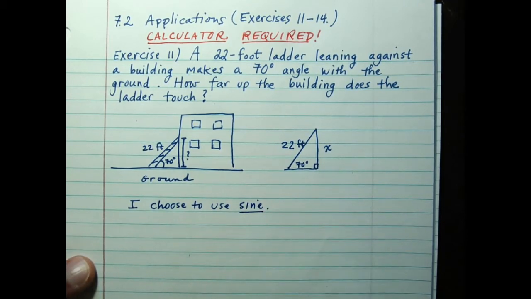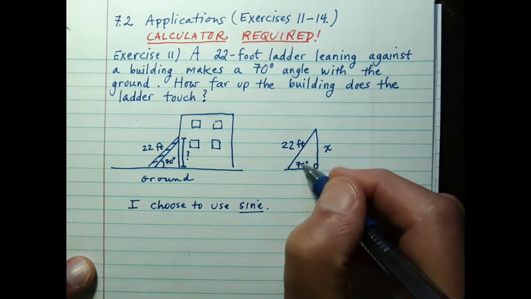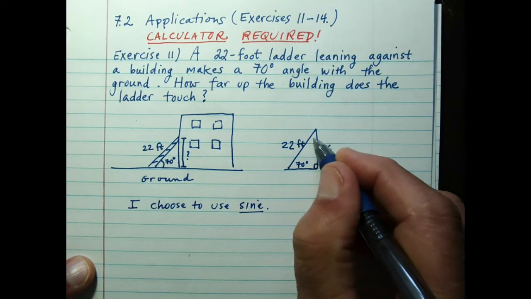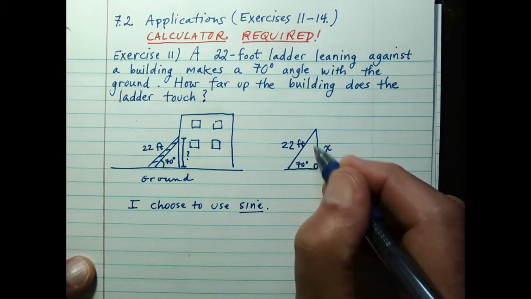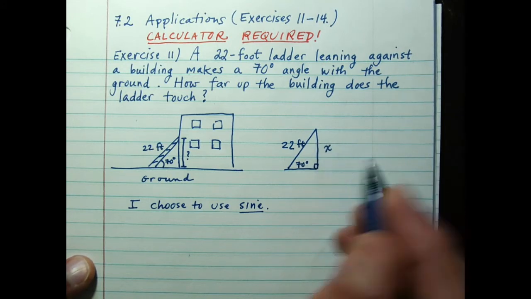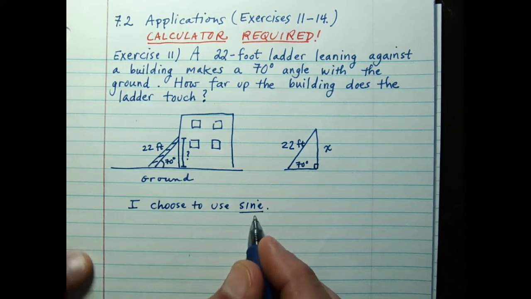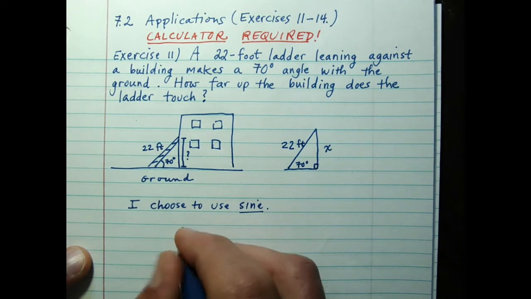Often there's more than one function that could be used, and sometimes you can choose a different angle too, because we really know what this third angle would be in the triangle, since we have a 90 and a 70. But again, I'm just going to choose one route to follow here. So I'm going to use sine.